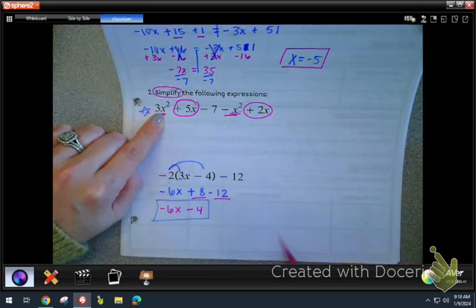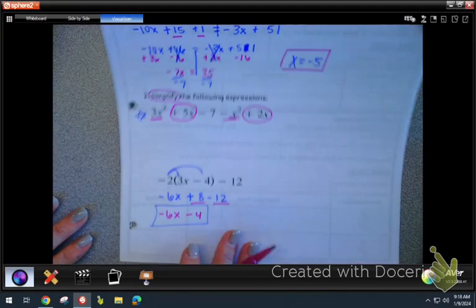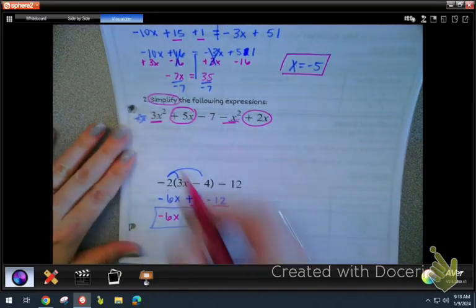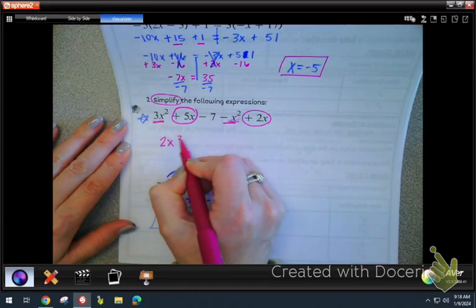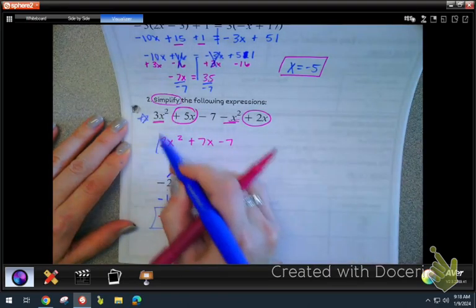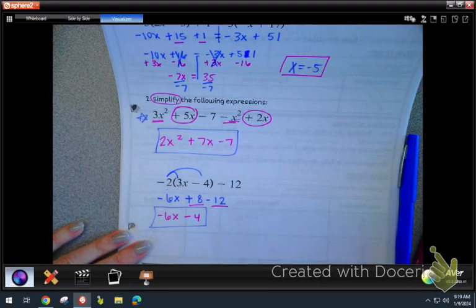Those are like terms. And then I have a number right there that doesn't have any term to combine with. So that's basically how you look at it. And then we just end up putting the coefficients together. But that's another lesson. So here's the answer in case you did get it. It's 2x squared plus 7x minus 7. And if you didn't, then we will fix it in a couple days. Okay?